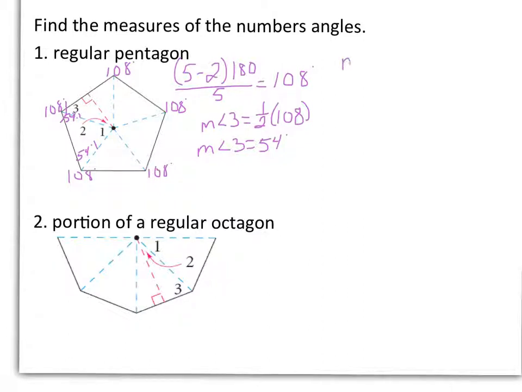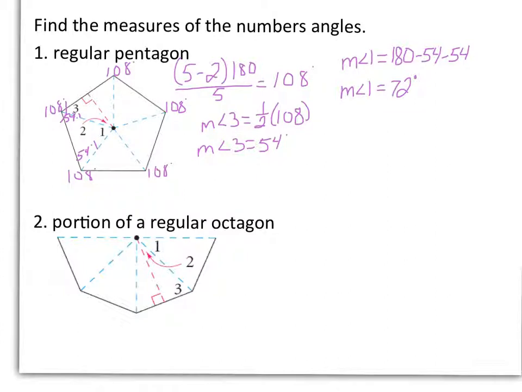So next we can find the measure of angle 1. So we'll take the sum of the interior angles of a triangle, which is 180, minus 54 minus 54. And we get that the measure of angle 1 equals 72 degrees.